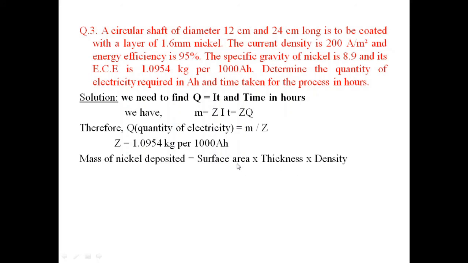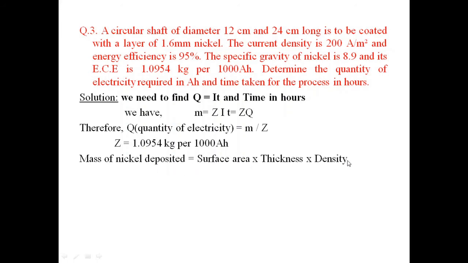Surface area will be in terms of meter square. So if it is multiplied with the density, which is kg per meter cube, this meter cube and meter cube will get cancelled, we get only kg. So that's how we can obtain the formula for mass of nickel deposited on a circular shaft.